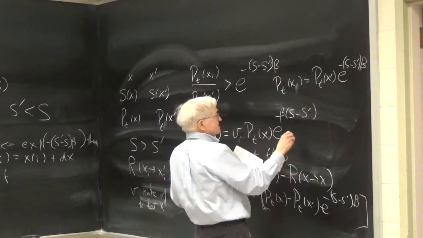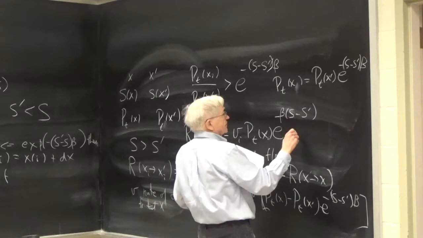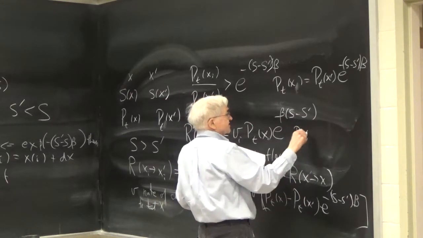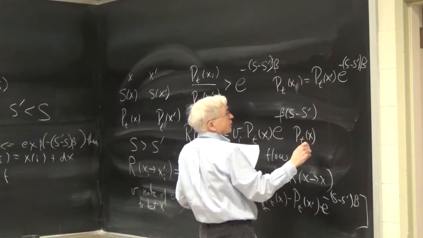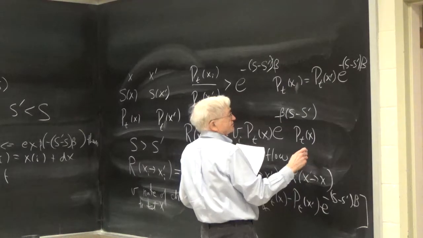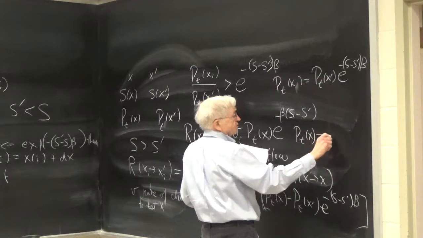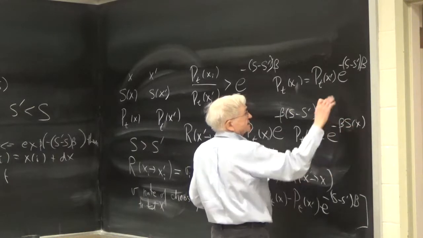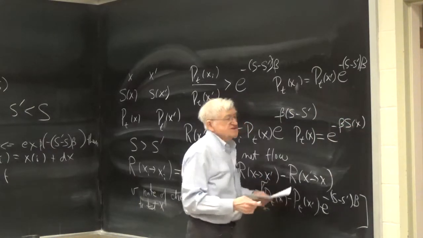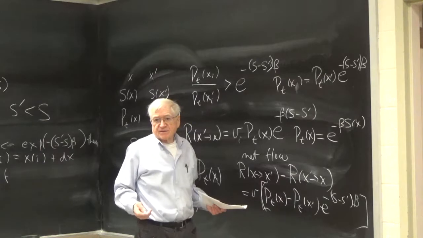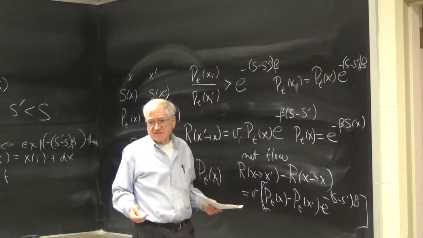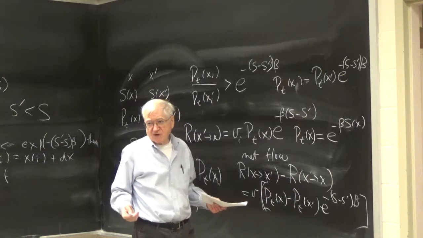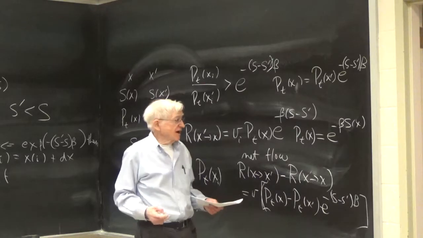But what this means then is that p_t of x is equal to e to the minus beta s of x times a constant, because you can just ignore the other stuff that depends upon x prime, because it doesn't depend upon x.